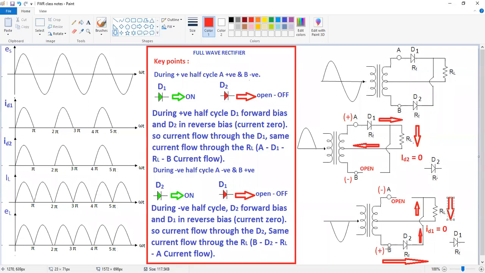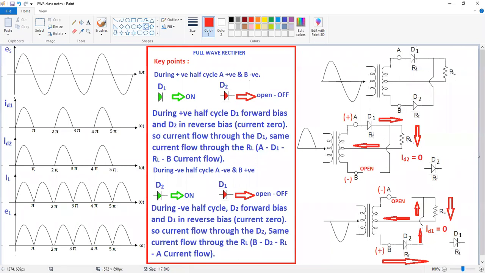There is no path on the left side. Why? Because it is open. So that's why it moves towards the right side through this load resistance, and after that it moves towards the left side towards the transformer. Now this is the current direction.